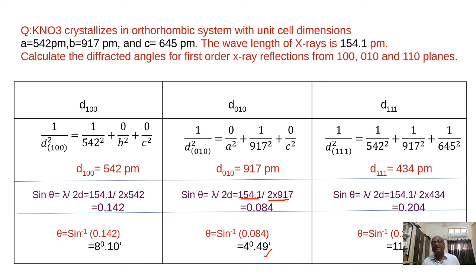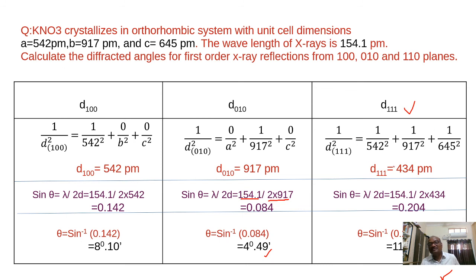Let me calculate for the D111 plane. What is the H value? 1, K value 1, L value is also 1. We know A, B and C values. Let us substitute: 1 by D square for 111 is equal to 1 by 542 square plus 1 divided by 917 square plus 1 by 645 square.